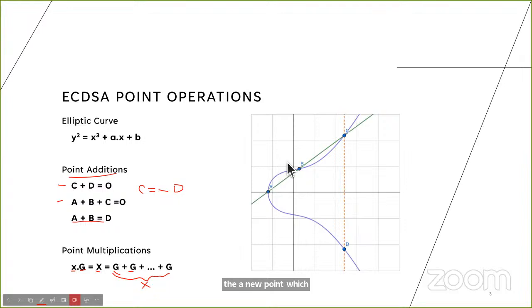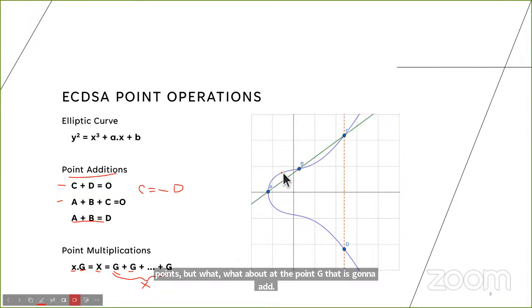I should say that if we want to find G plus G, and let's say G is here, we know how to add A and B when A and B are distinct points. But what about a point G that is going to be added to itself?